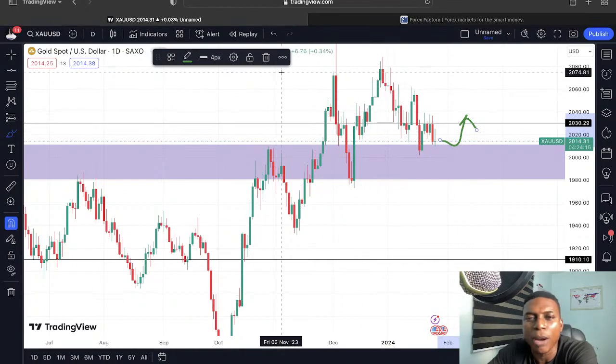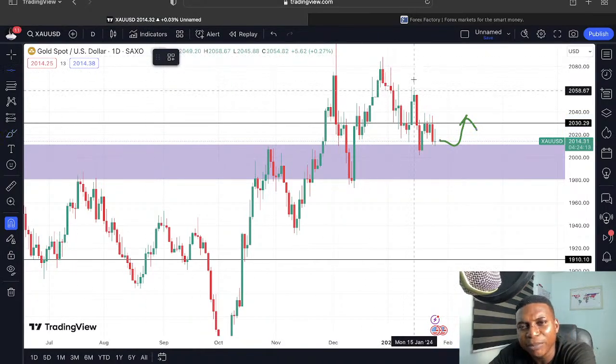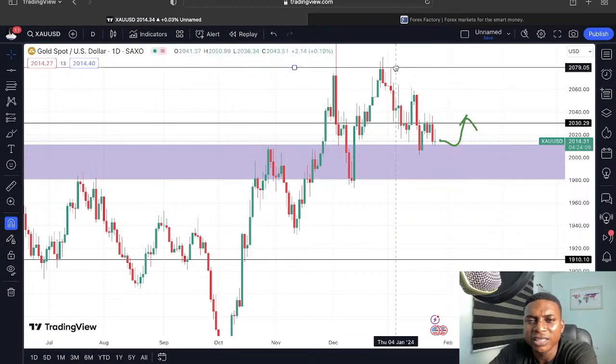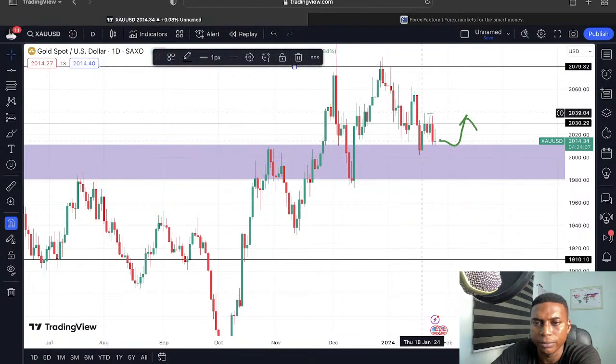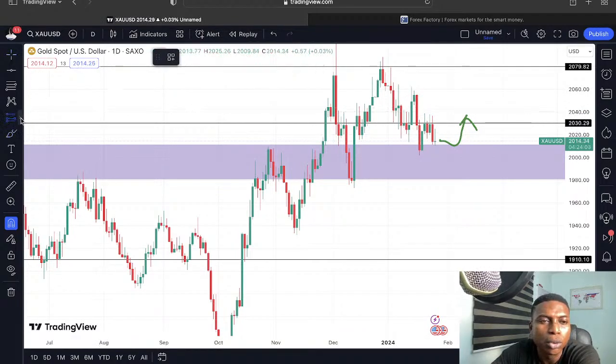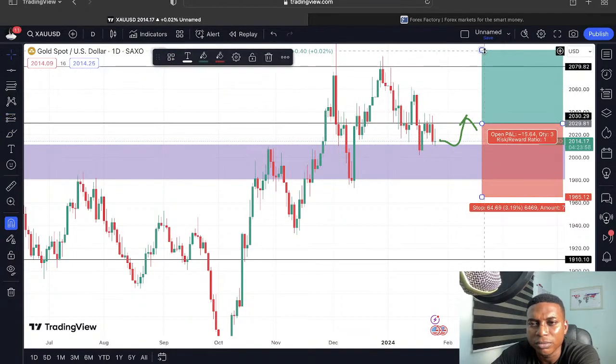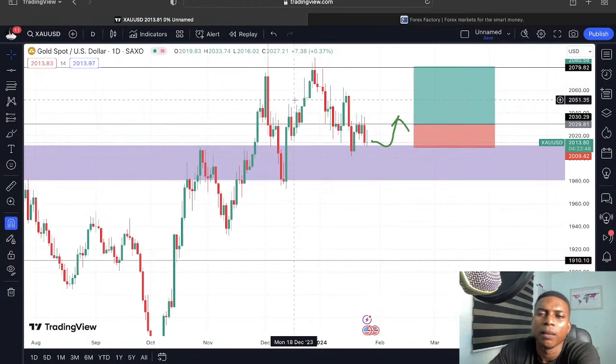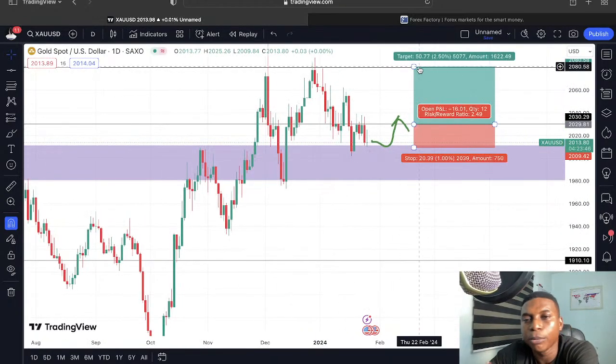Now my next take profit level will definitely be the next resistance zone up above here. This will be my next take profit level.